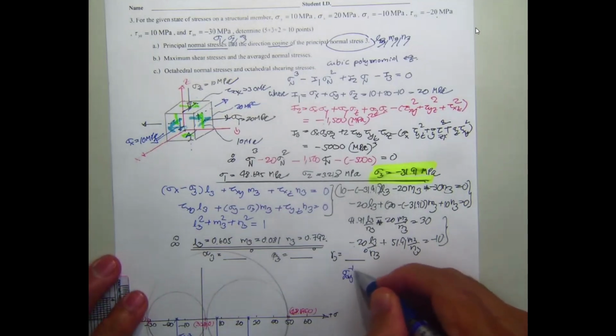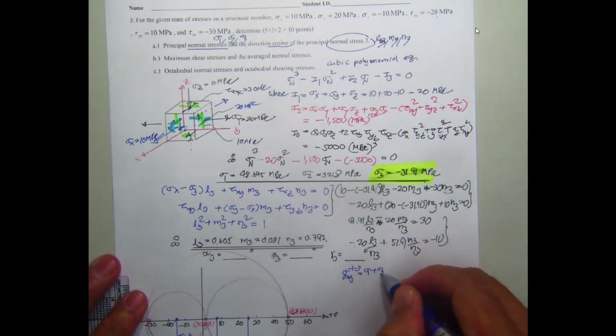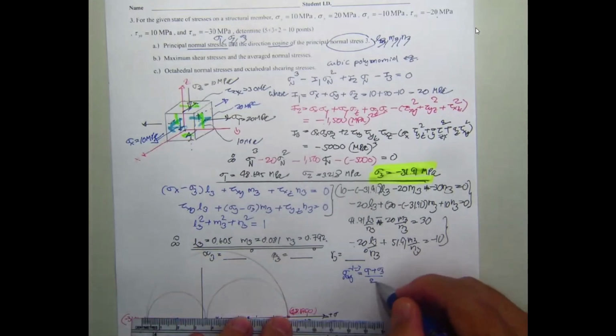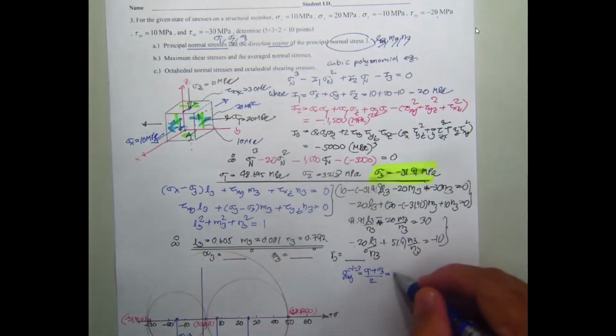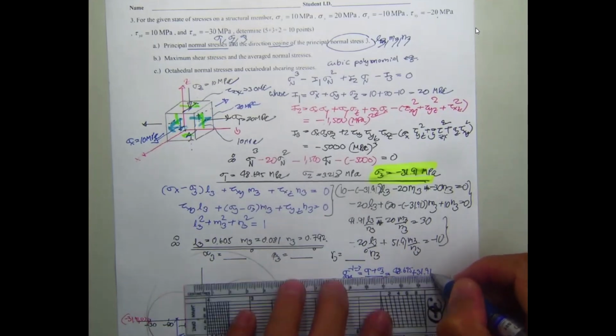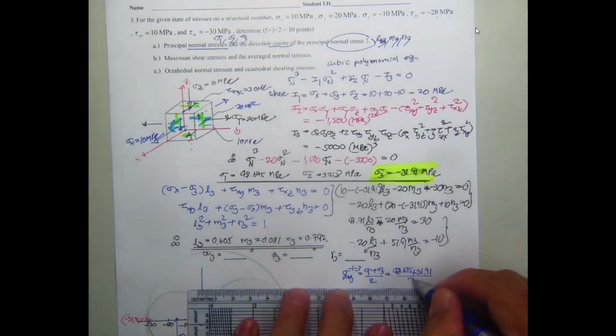So the maximum shear stress and average normal stress, the first one, sigma average 1, 3. That's going to be sigma 1 plus sigma 3 divided by 2. You should get 48.695 plus 31.91 divided by 2.